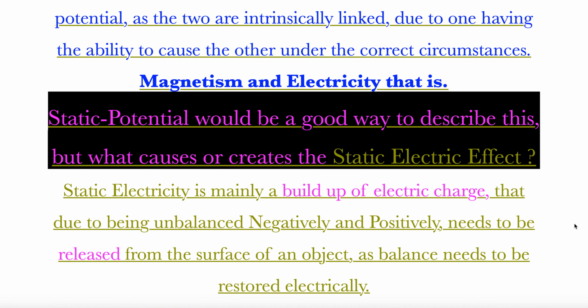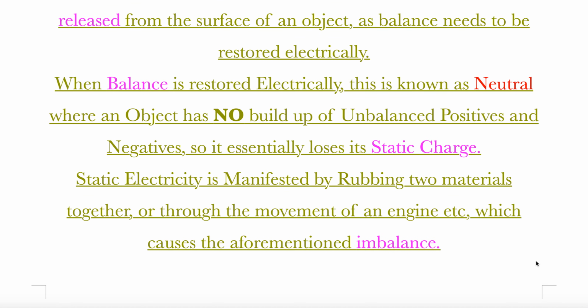Static electricity is mainly a buildup of electric charge that, due to being unbalanced negatively and positively, needs to be released from the surface of an object as balance needs to be restored electrically. When balance is restored electrically, this is known as neutral, where an object has no buildup of unbalanced positives and negatives, so it essentially loses its static charge.